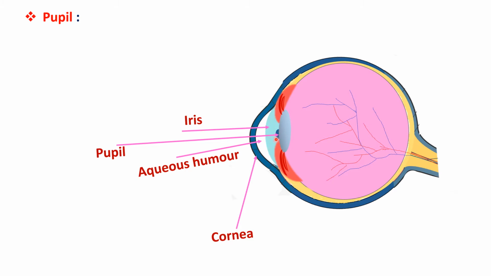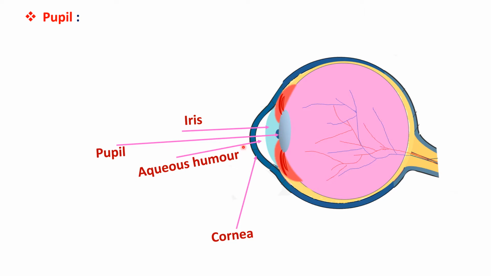There is a small opening in the iris known as pupil. Its size is controlled by the iris, and it controls the amount of light that enters the eye.